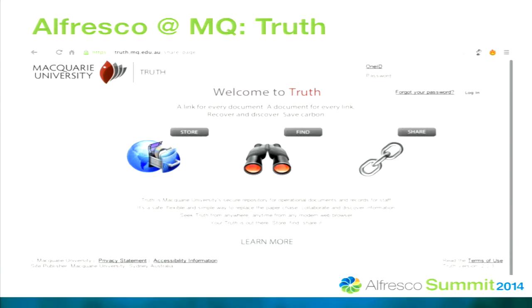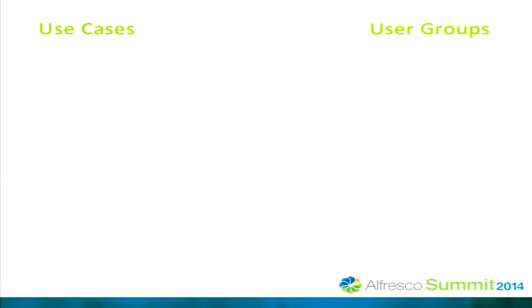It's meant to be the single source of truth for pretty much anything that you want to collaborate on, and also the single source of truth for documents and records. That's really the main message we wanted to tell our users about when and why they should use the system.